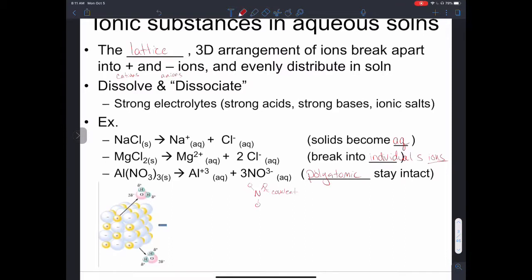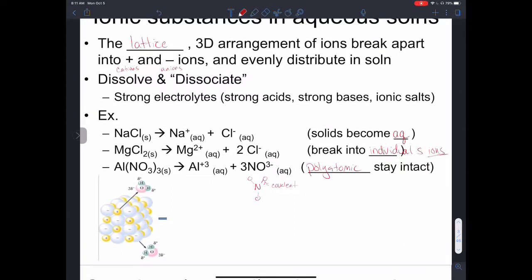And finally, we have a picture of a lattice. And this can be, right, any set of cations and anions in that 3D repeating organized structure. And when the cations and anions come apart, you see the water molecules there waiting to hydrate them. And let's draw what this should look like afterwards. So this is sort of the before, after.